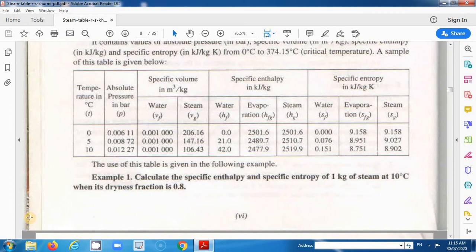If the steam is wet, it has some dryness fraction and its values are below 1: 0.1, 0.2, 0.3, 0.4, 0.45, 0.52. In this way, wet steam has some dryness fraction. So in this given example, the steam is a wet steam, and we have to calculate the specific enthalpy and specific entropy of such a wet steam.